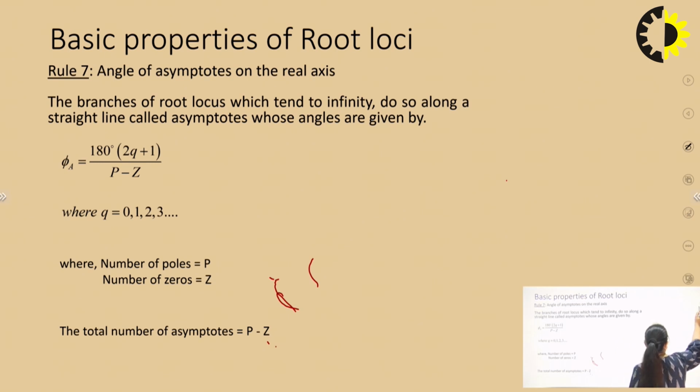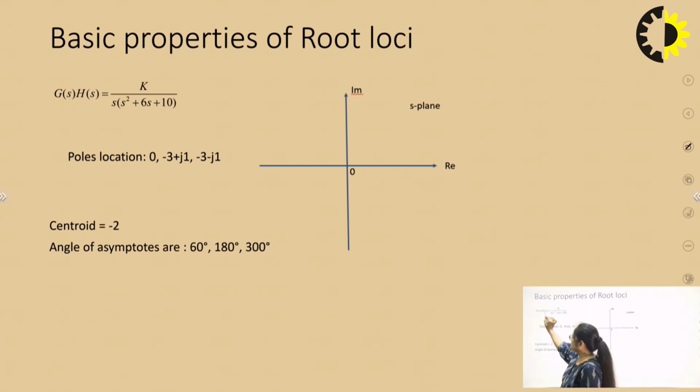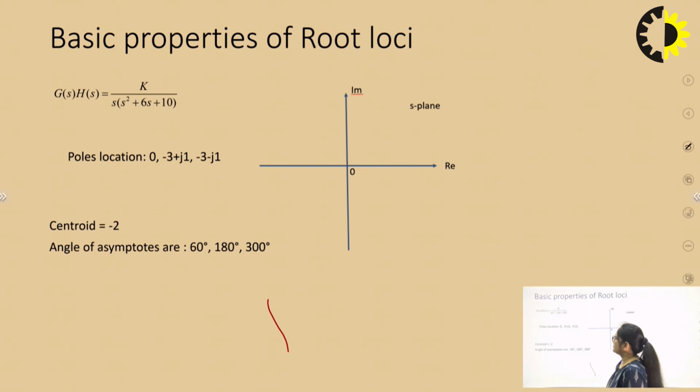So, let's take an example of finding the angle of asymptotes and the centroid. For example, we have an open loop transfer function G(s)H(s) as K upon s into (s square plus 6s plus 10). Now, the number of zeros here is nil.